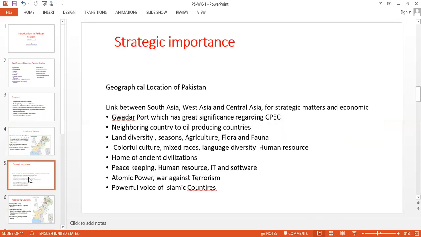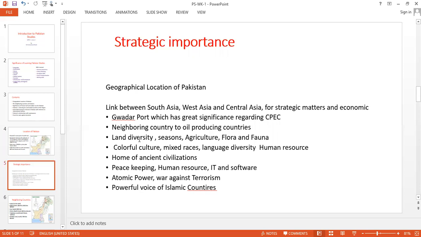Now, the other significance of Pakistan is its land diversity. Pakistan is one of the most fortunate countries in the world, blessed with diverse land. For example, you find some countries like the Middle Eastern countries, they are mostly dry, sandy, and there are rocks.